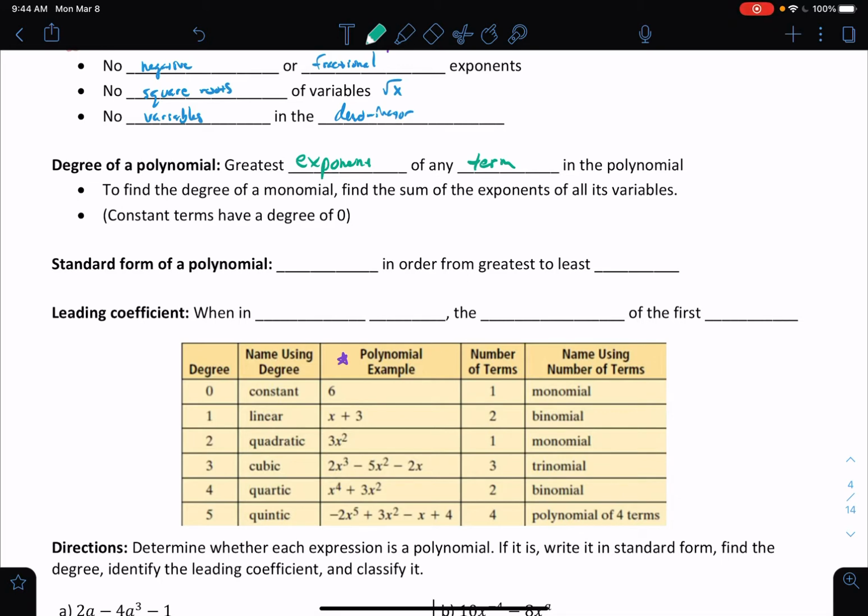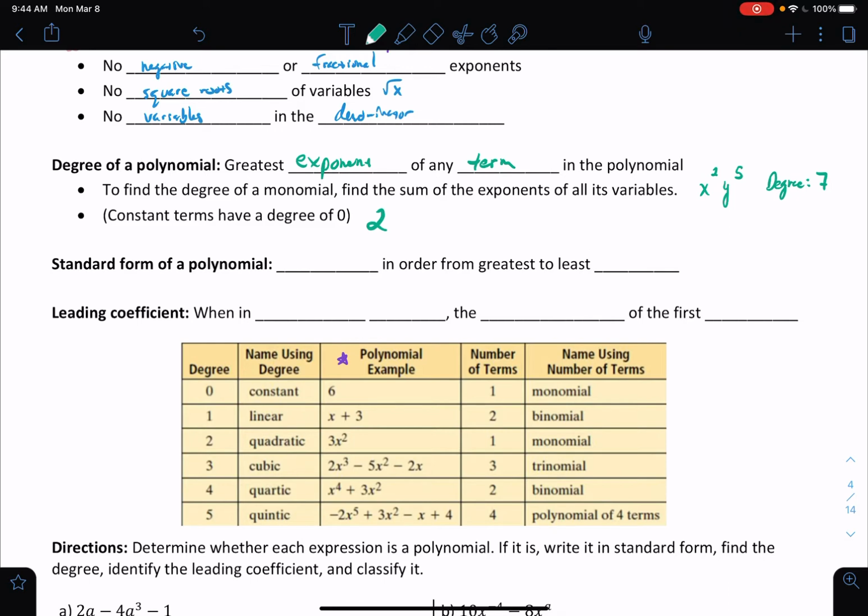So, to find the degree of a monomial, you find the sum of the exponents of all its variables. So if you're doing something like x squared y to the fifth, the degree would be 7, because it's 2 plus 5. All right? Constant terms, so if you're just dealing with a number like 2, that has a degree of 0.